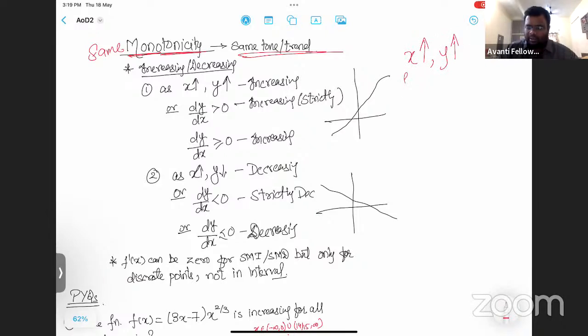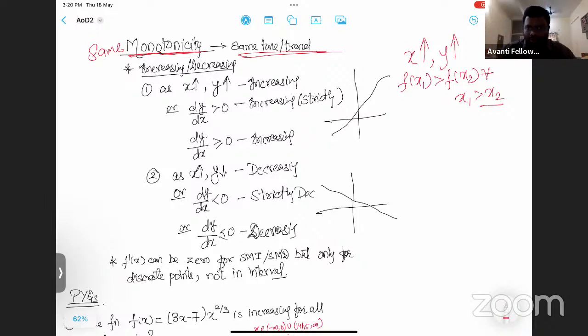Or we can say f(x1) is greater than f(x2) for all x1 greater than x2, where obviously x1 and x2 belong to the domain of the function. So this is an increasing function. I'll keep this brief because we just need the crux to solve our questions.